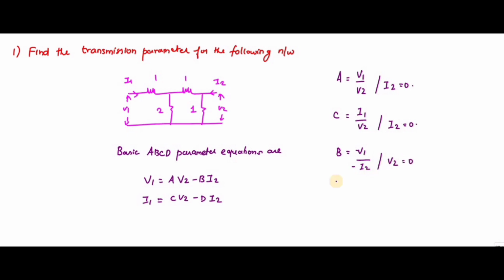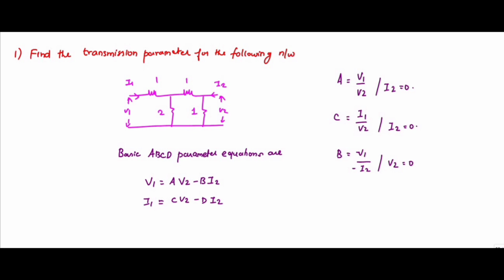Likewise, D is equal to I1 divided by minus I2 when V2 is equal to 0. First, let us find the values of A and C. After that, we will go for B and D.